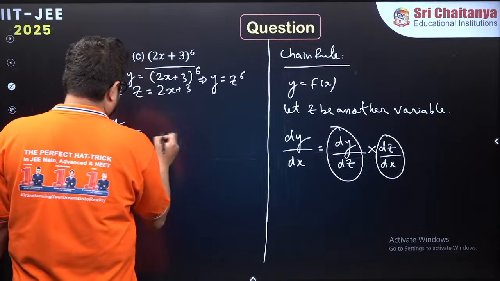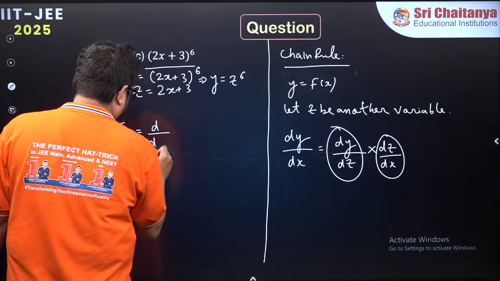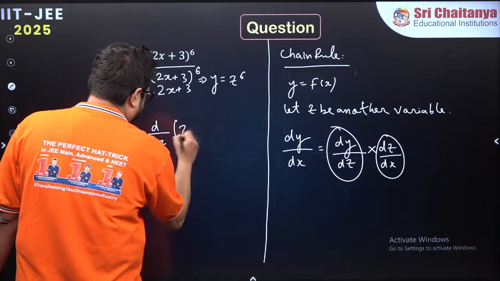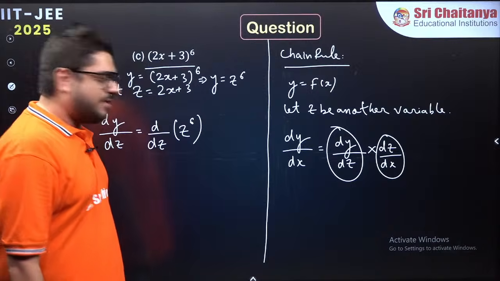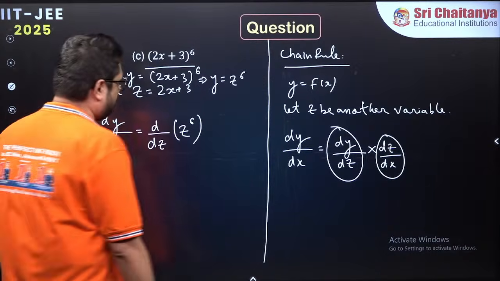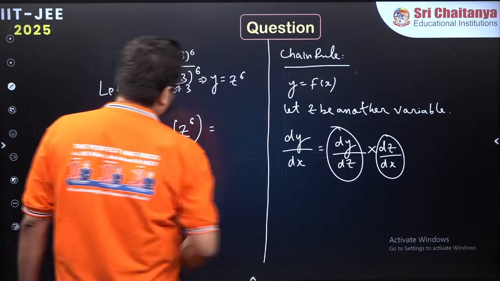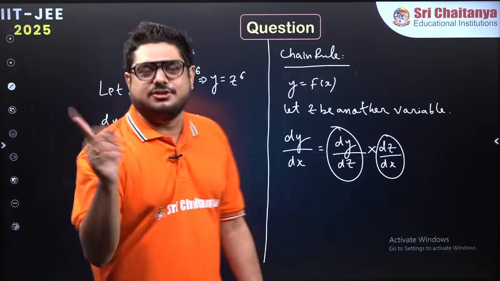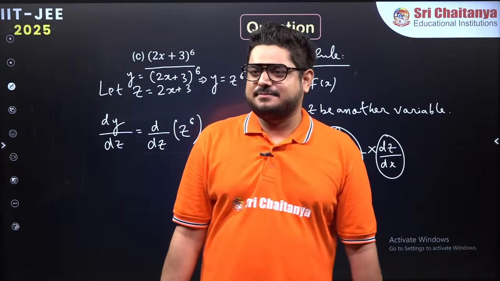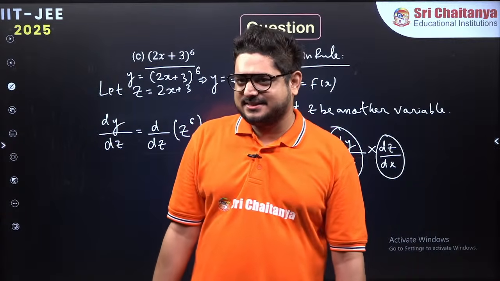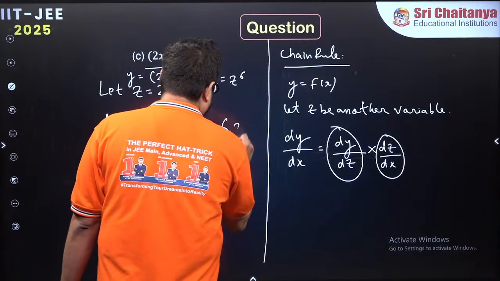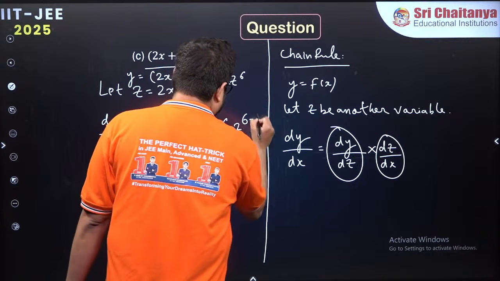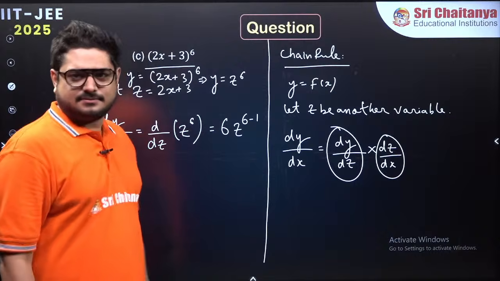So in other words, you are being asked to find out d by dz of z to the power 6 over here. So what are we going to get? Once again, we need to use the x to the power n rule over here. So what are we going to get? It's going to be equivalent to 6 into z to the power 6 minus 1.